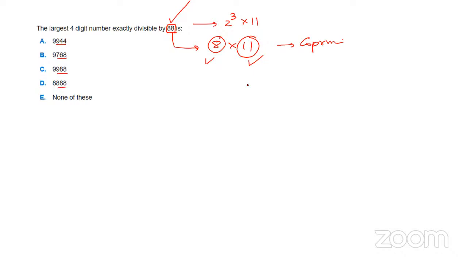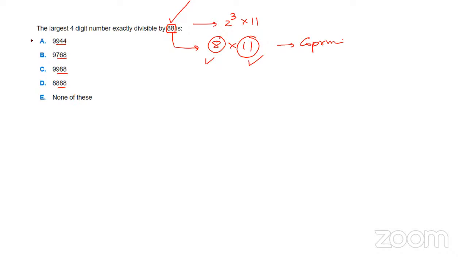Take the sum of the digits at the odd positions and the sum of the digits at the even positions, and take the difference. If it is either 0 or a multiple of 11, that means it's divisible by 11. So you can use these two divisibility rules to eliminate the options and get the right answer.